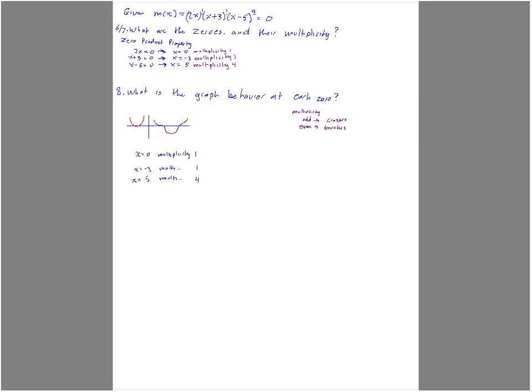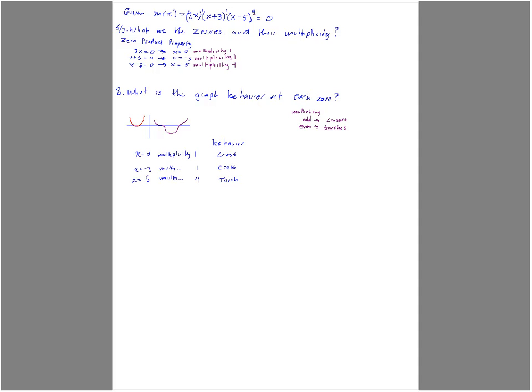And so the behavior is that the function will cross at 0, cross at -3, and touch at 4. And that is the solution to that problem.